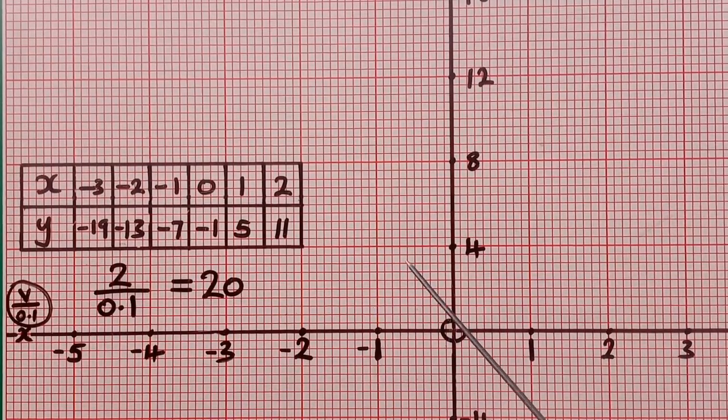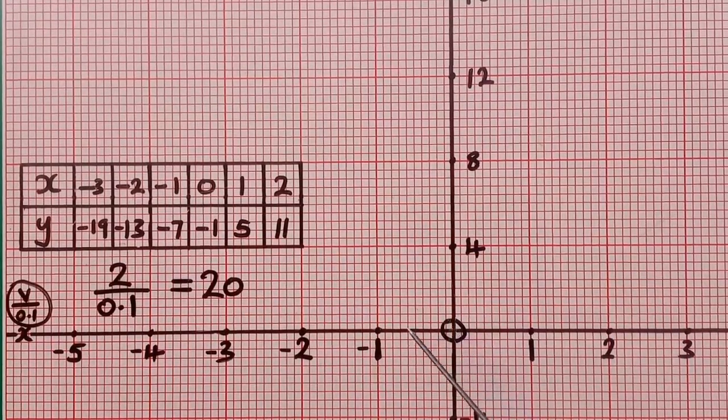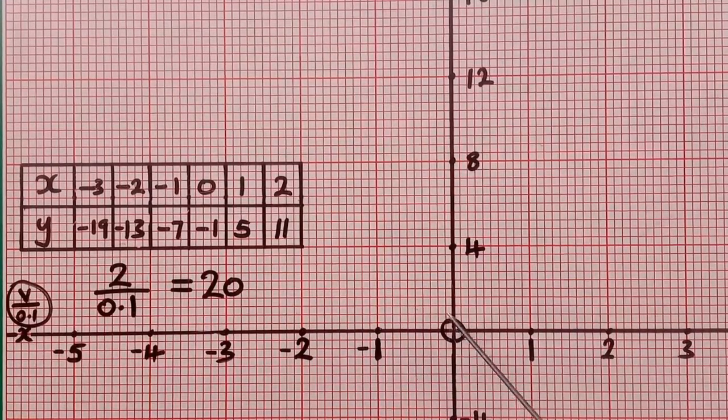Meaning that we have to count 20 boxes from this origin. The 20th box, stop there. That is where 2 is located. From here to here is 10 boxes. From here to here is 10 boxes. That means altogether we have 20 boxes. And this is where minus 2 is located. Is that a coincidence? No, it is not a coincidence.